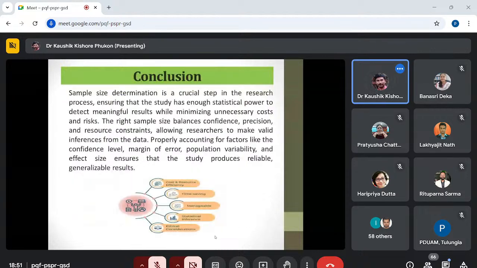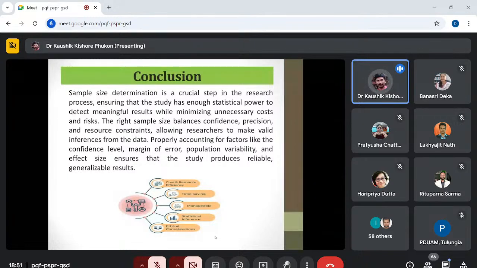So this is a concluding slide. Sample size determination is a crucial step in the research process, ensuring that the study has enough statistical power to detect meaningful results while minimizing unnecessary cost and risks. The right sample size balances confidence, precision, and resource constraints, allowing researchers to make valid inferences from the data.